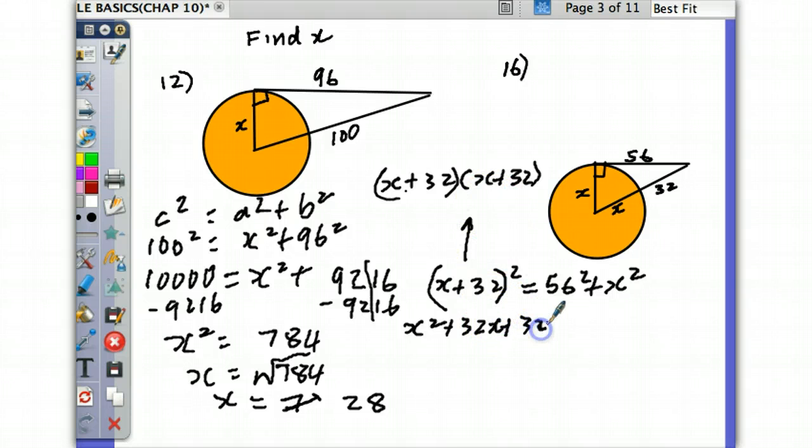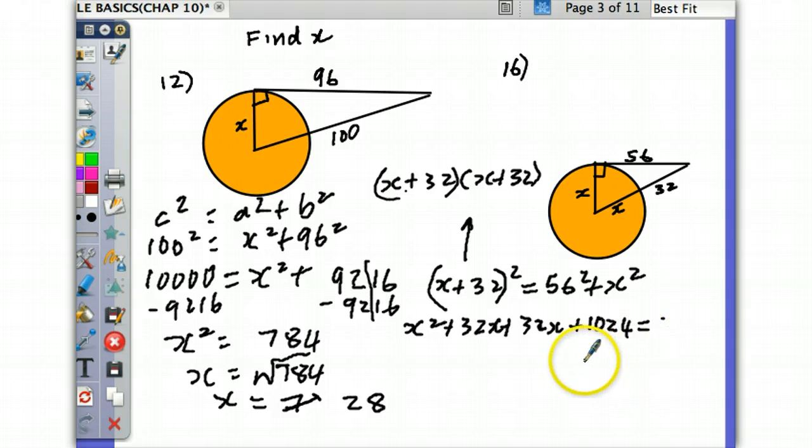So that's 64x. And finally, 32 times 32 is 1,024. Okay, just hang on a minute, let me finish this.